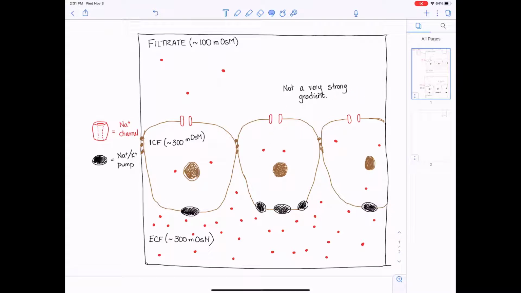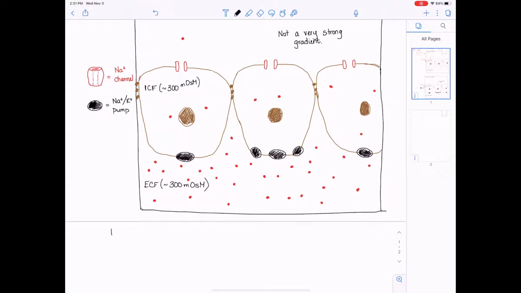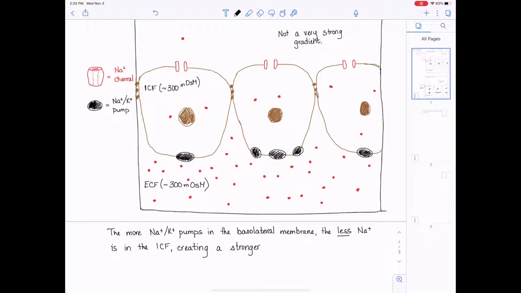So let's summarize all of that. The more sodium-potassium pumps that I insert into that basolateral membrane, the more sodium I kick out, and therefore the less sodium is actually going to be in the cell. So there is less sodium in the cell, which means that I have a stronger gradient across the apical membrane between the filtrate and the intracellular fluid.